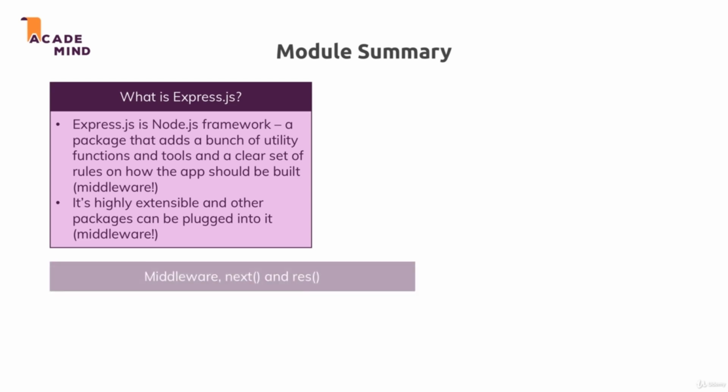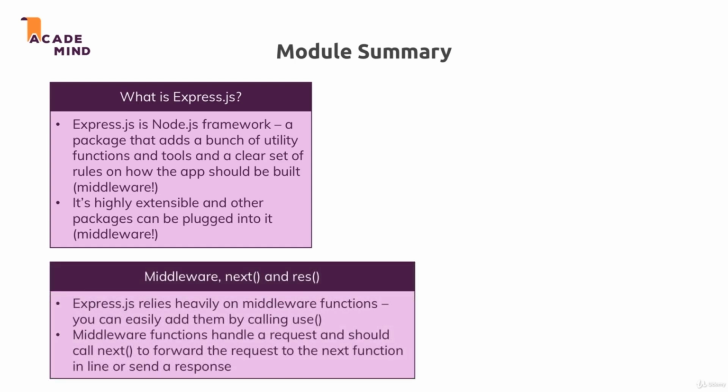Now, that concept of middleware is really important. Middleware functions are these functions that took the request object, a response object that helped you with sending a response, and that next argument, which turns out to be a function you should call to forward a request to the next middleware in line. And in line means from top to bottom in your root file.